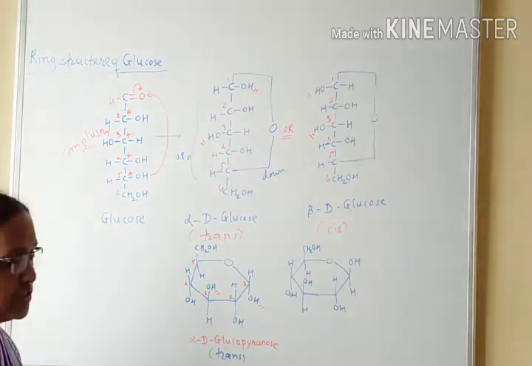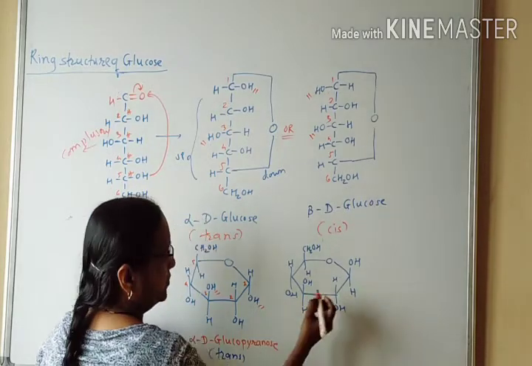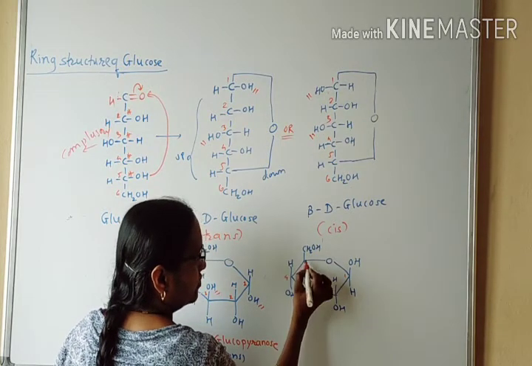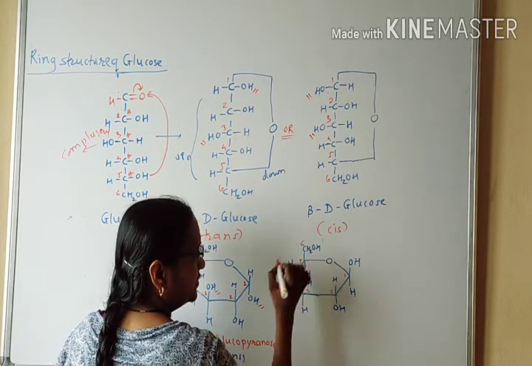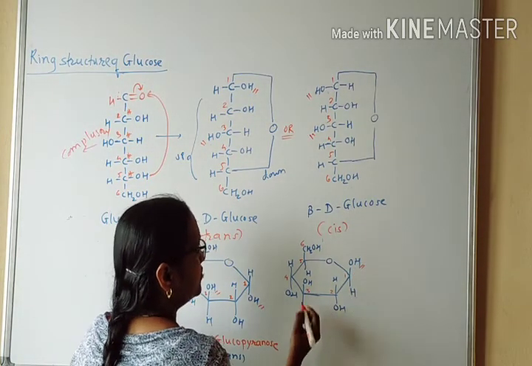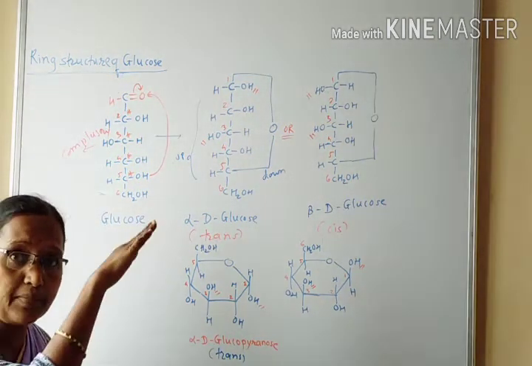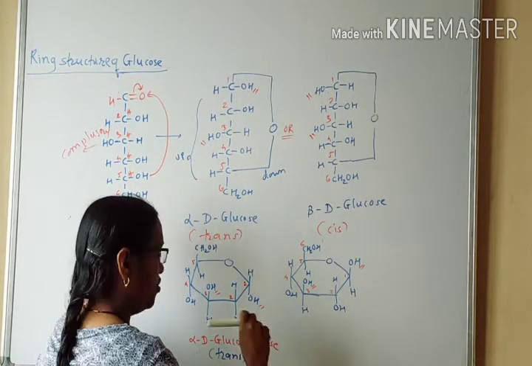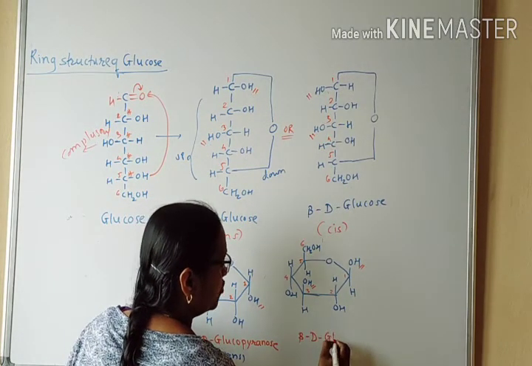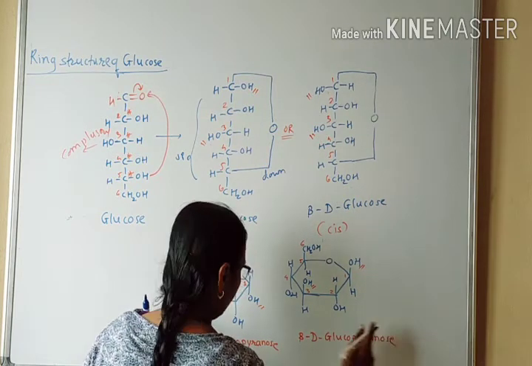So what is the difference? The OH of the third carbon atom. Write here the numbers of carbon 1, 2, 3, 4, the fifth and sixth. So the first carbon atom's OH and the compulsory third carbon OH are on the same side. So that structure is called beta D glucopyranose. That is cis.